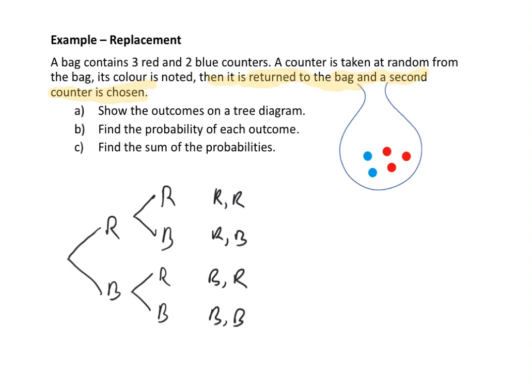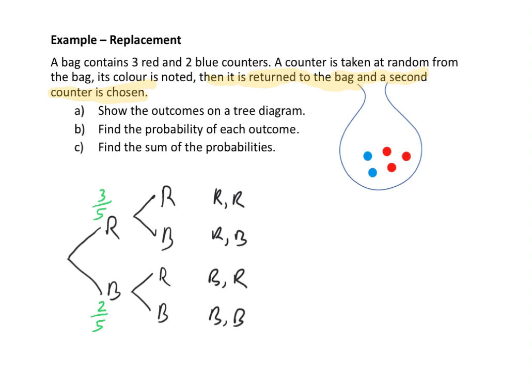So on my first draw, the probability of getting a red is 3 out of 5, and the probability of getting a blue is 2 out of 5. Now because the counter goes back into the bag after I draw it out, the probability is going to be the same on my second draw.